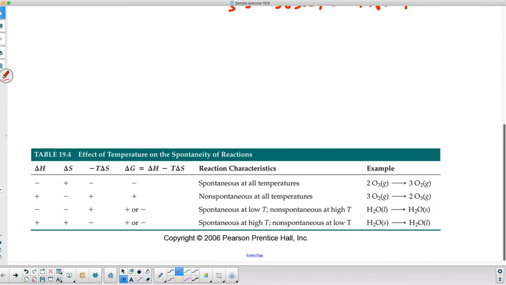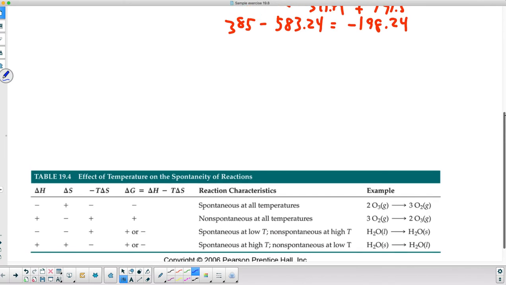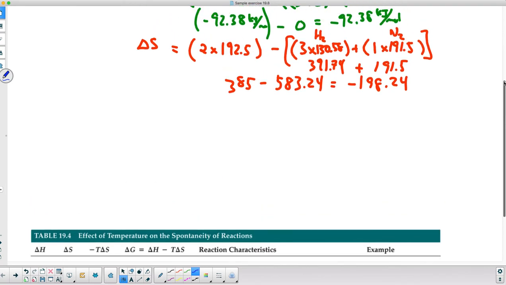So for the first one, I'm going to do part B now in blue. Okay, so part B is in blue, and it's going to look like this. It says find delta G at 25 degrees Celsius, which is 298. So what I do is I do my delta H, and then this is a minus T delta S. I plug in everything that I know, which is negative 92.38.